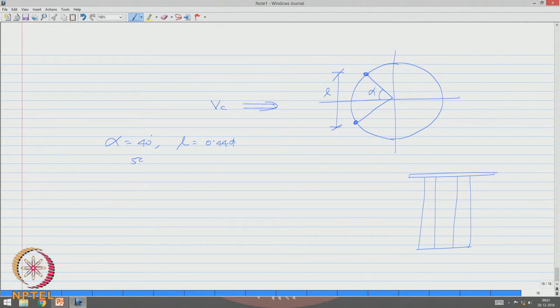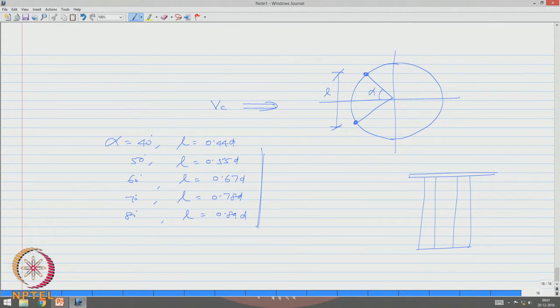For alpha 50, L is 0.55 d, alpha 60, 0.67 d, alpha 70, L becomes 0.78 d, and alpha 80 degrees, L becomes 0.89 d, for which the tests have been conducted.